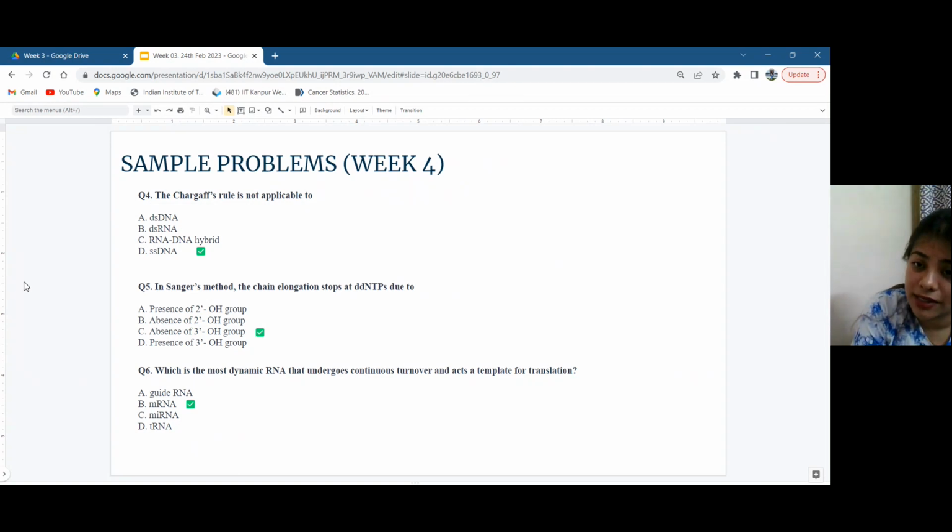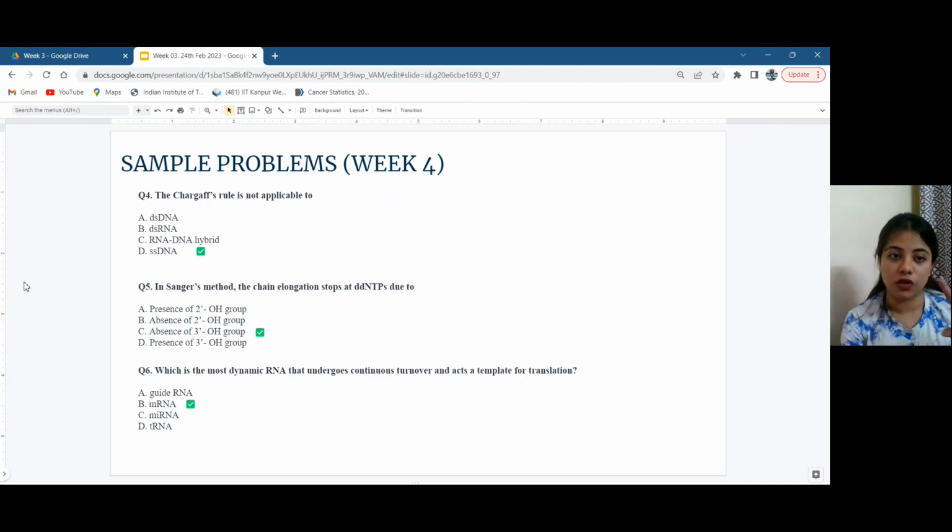As you can understand, that is actually what supports the idea of complementarity among the two strands of DNA, and that's actually the major driving force. If you look at all of the options here, you have dsDNA, dsRNA, RNA-DNA hybrid, and ssDNA.